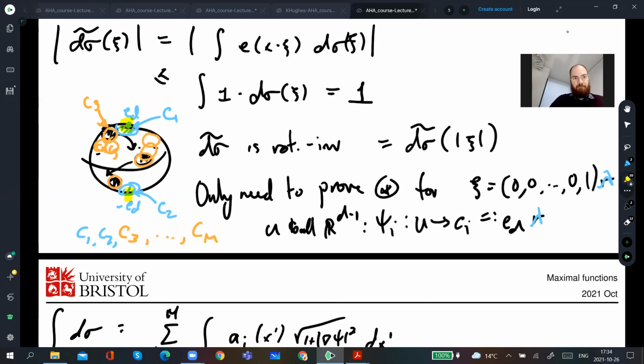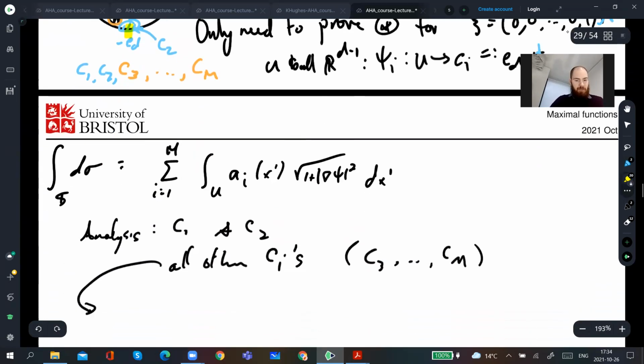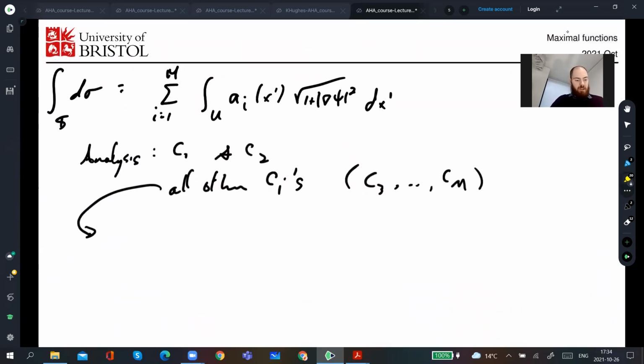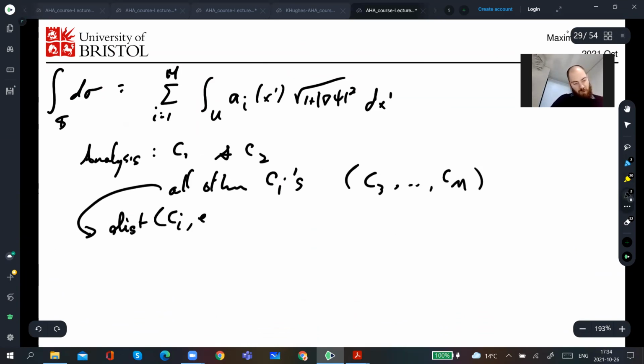In other words, all these other caps are going to be bounded away from the North and the South Pole, and by some amount. Okay, let's call it kappa. So the distance from CI to plus or minus the North or South poles is always going to be greater than some little kappa, which is positive.